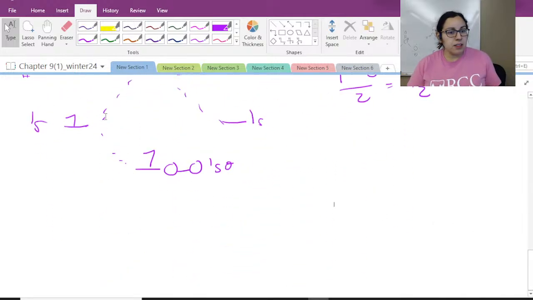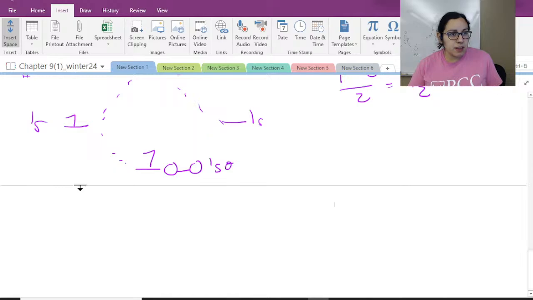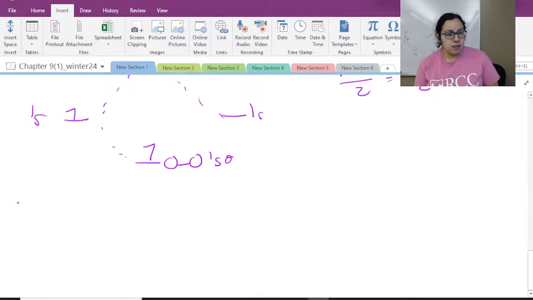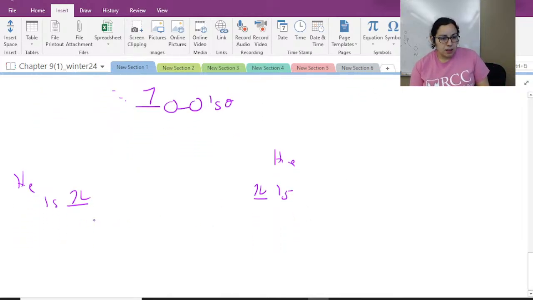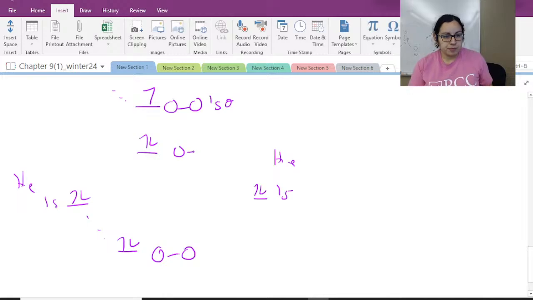And so the key is that we're filling everything in. So we have our helium 1s with 2 electrons, and helium with 2 electrons in its 1s. And just like he did on the board for us, our in-phase combination, and out of phase.